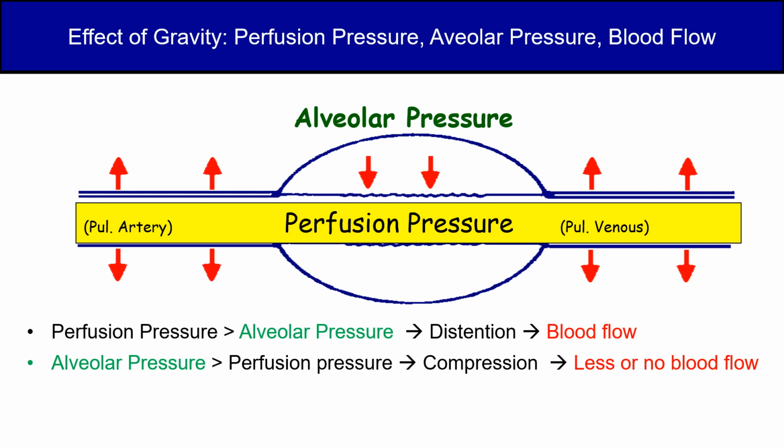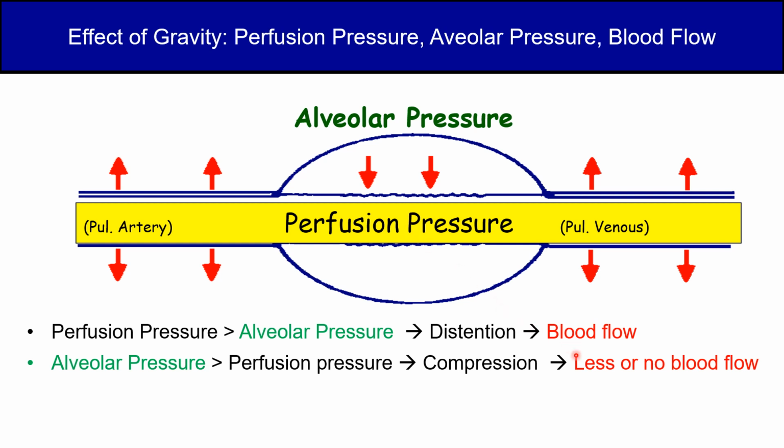So let us now go to the effect of gravity on perfusion pressure, alveolar pressure, and blood flow. If the perfusion pressure is greater than the alveolar pressure, the vessel will become distended and there is going to be blood flow. But if the alveolar pressure is greater than the perfusion pressure, there will be compression and therefore less blood flow.